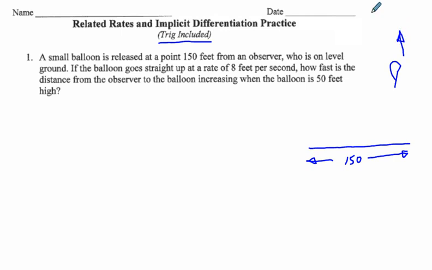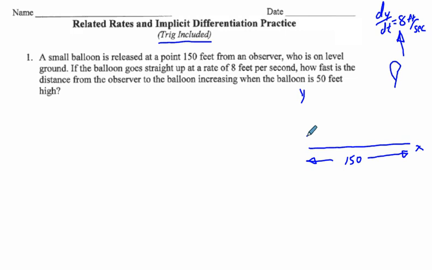So I'm going to write this up here, and we're going to set this up kind of as an XY coordinate plane. So we'll say X, Y, and dy dt, the change in the Y with respect to time, is equal to 8 feet per second. How fast is the distance from the observer to the balloon increasing?